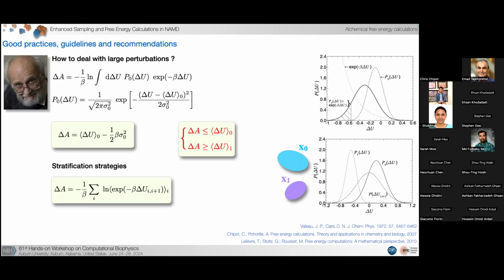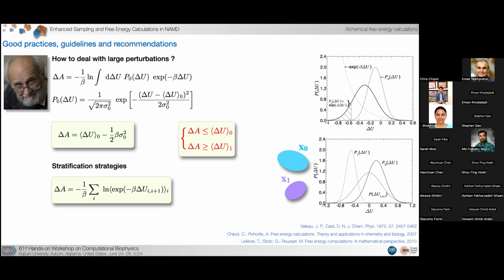And so this is my product here. And it's shifted to the left by 1/2 of beta sigma square, sigma being the variance of my histogram, okay?